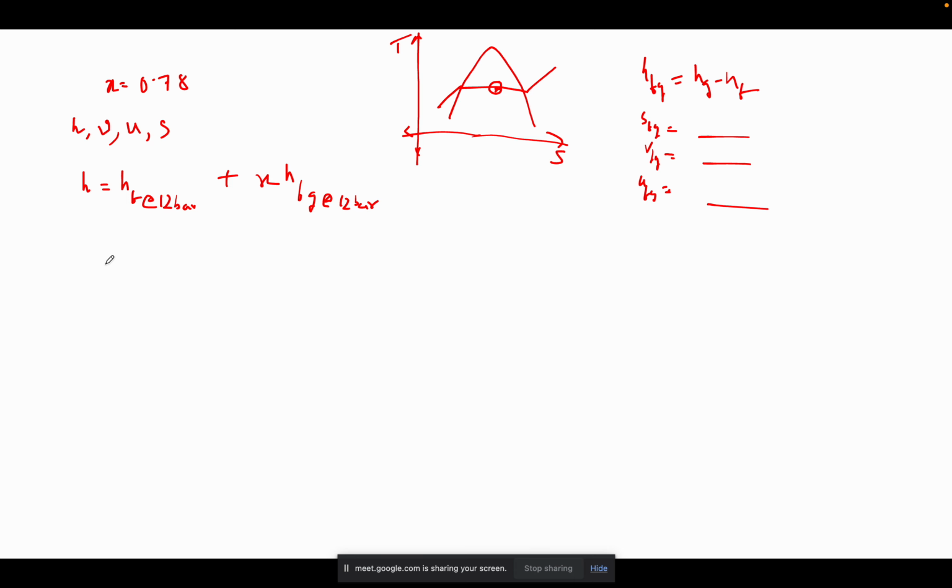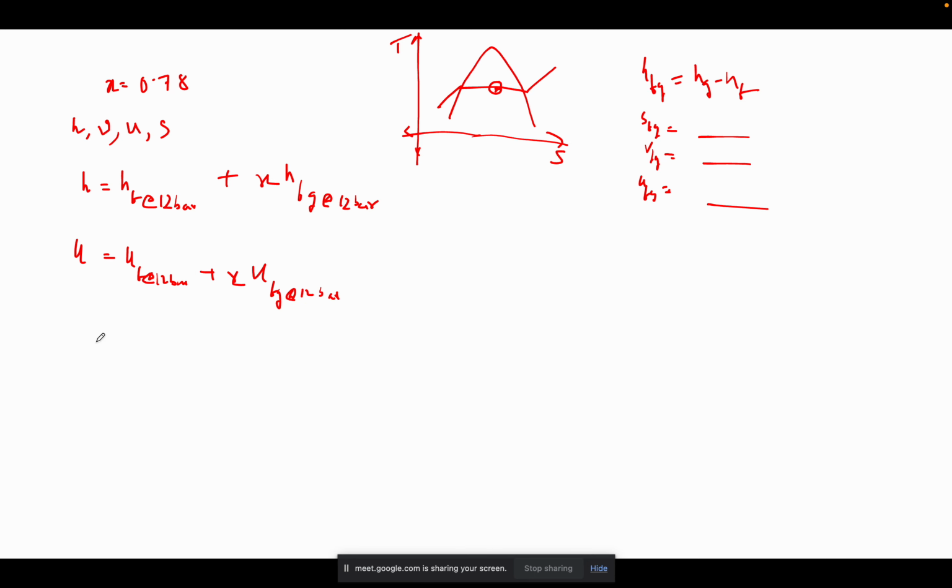So the same formula we can apply, that U is equal to Uf at 12 bar plus X times Ufg at 12 bar. I will do this too, and the rest you can do by following this.